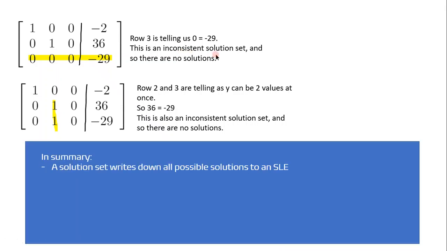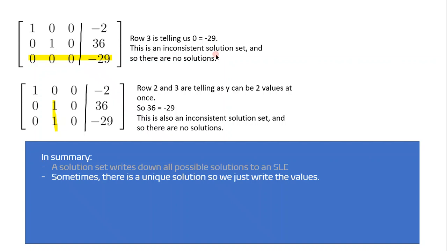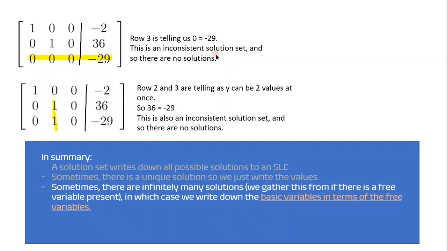So, in summary, a solution set writes down all possible solutions to an SLE. Sometimes there is a unique solution, so we can just write the values, and sometimes there are infinitely many solutions. We gather this from whether there is a free variable present, in which case we write down the basic variables in terms of the free variables.